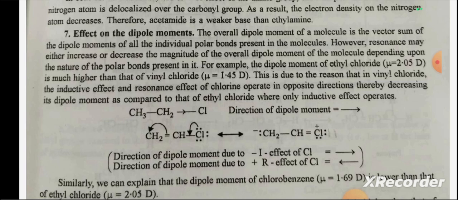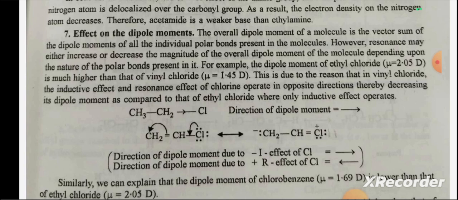For example, the dipole moment of ethyl chloride is much higher than that of vinyl chloride. This is because in vinyl chloride the inductive effect and resonance effect of chlorine operate in the opposite direction, thereby decreasing its dipole moment as compared to that of ethyl chloride, where only the inductive effect operates.